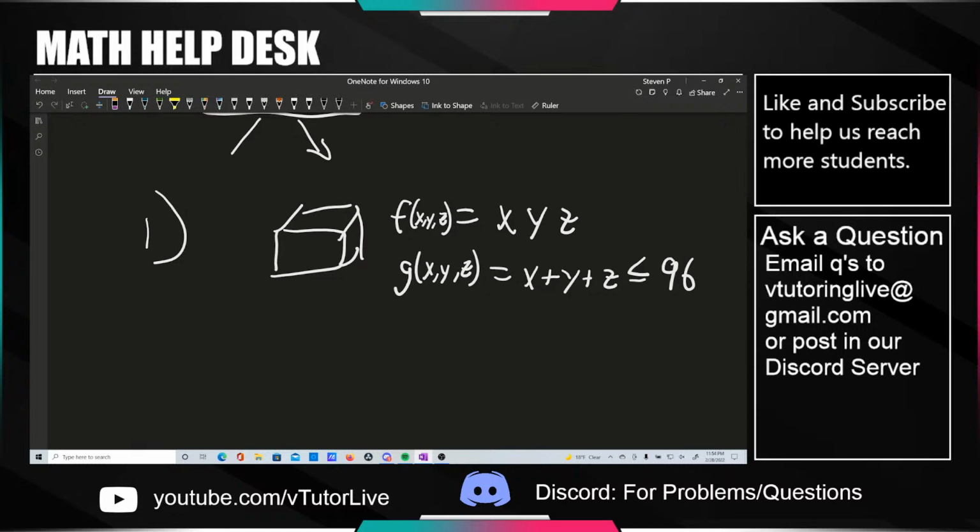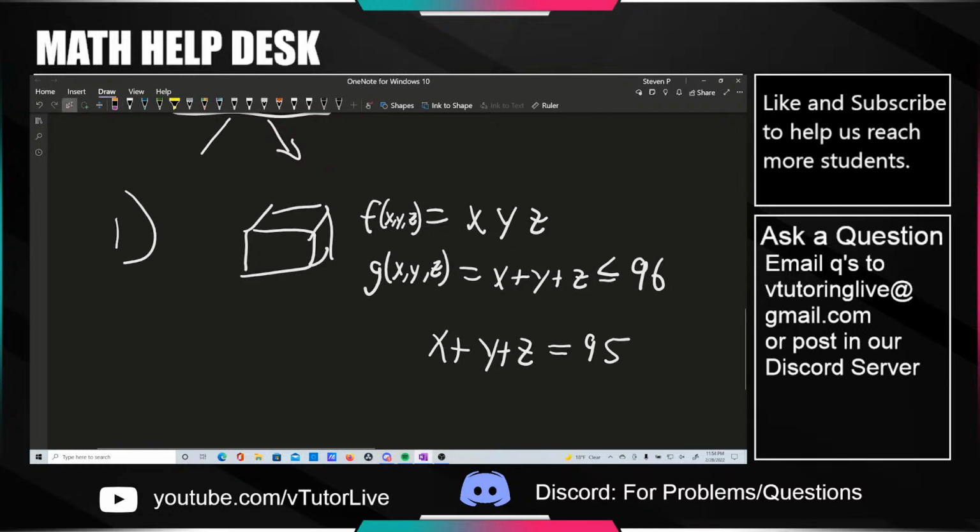And you can mentally imagine, what if x plus y plus z didn't use up the entire 96? Let's say we're only using 95 inches. Is it possible that the absolute global maximum is attained by some situation where x plus y plus z is equal to 95?